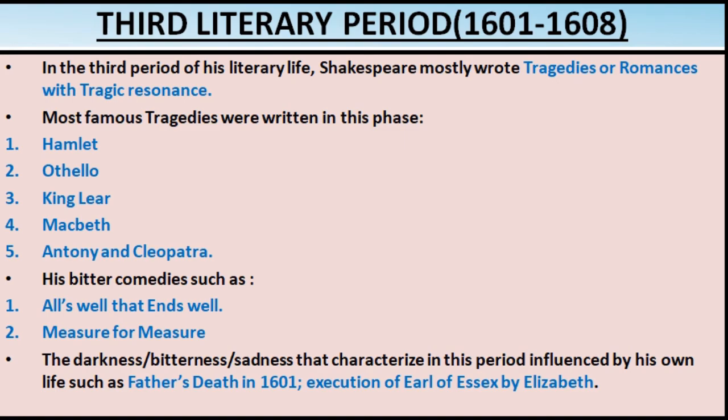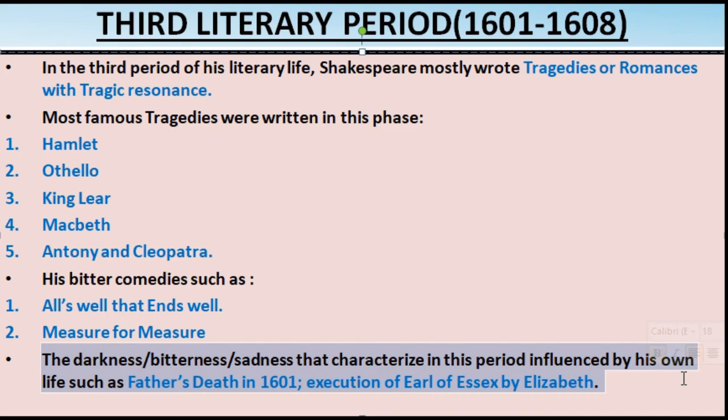So the answer is in the last line of the third literary period. Here it is written, the darkness, bitterness, sadness that characterize this period influenced by his own life, right? In this last line, please do see the darkness, bitterness, sadness that characterize this period influenced by his own life, such as father's death in 1601, execution of Earl of Essex by Elizabeth.